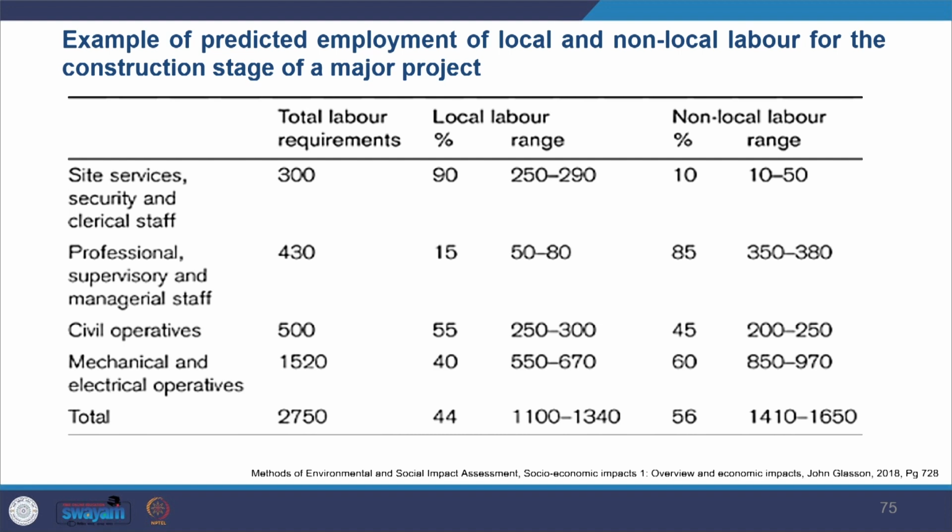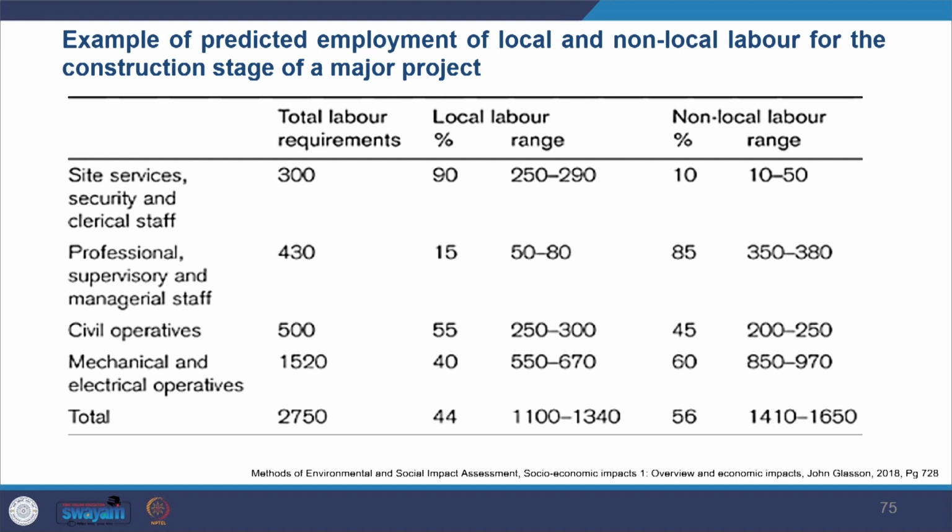You can see how non-local labor increases when the mechanical electrical operatives are coming. So you can see 10, 85, 45, 60, 56. The proportion is increasing as the different levels of skills are required. That is said to be a problem in a lot of places where training and capacity building are not there, so local people cannot really take benefit of the vertical upliftment which people can have.